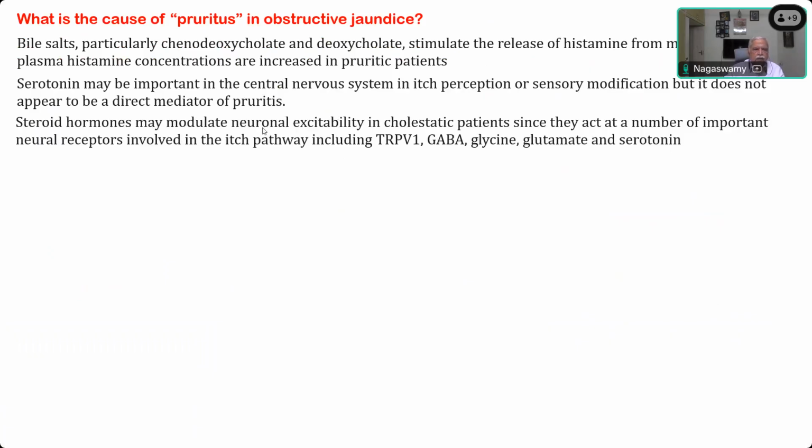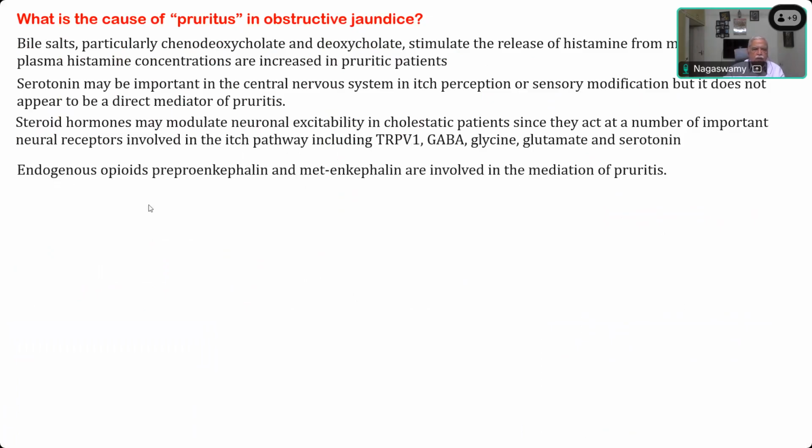Third, steroid hormones may modulate neuronal excitability in cholestatic patients, since they act on a number of important neural receptors involved in the itch pathway, including TRP1, GABA, glycine, glutamate, and serotonin receptors. So that is also implicated.